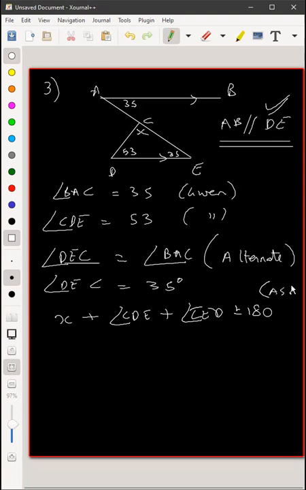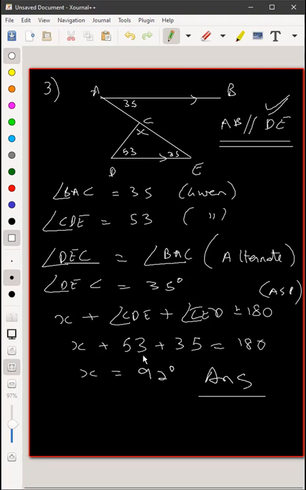So now can you solve that quickly? It will be x plus 53 plus 35, which will be 88. So x is equal to 180 minus 88. So 92 degrees. There, you got it.